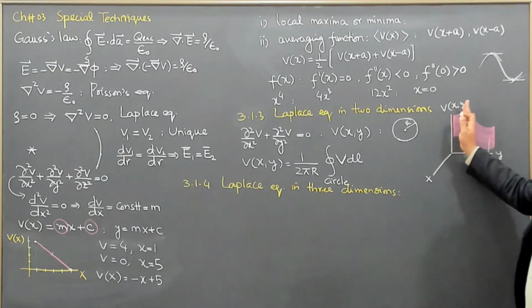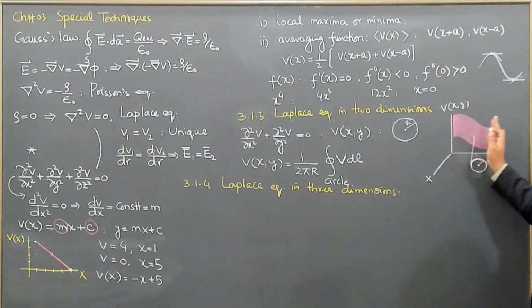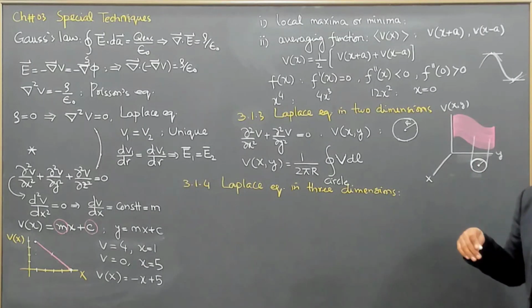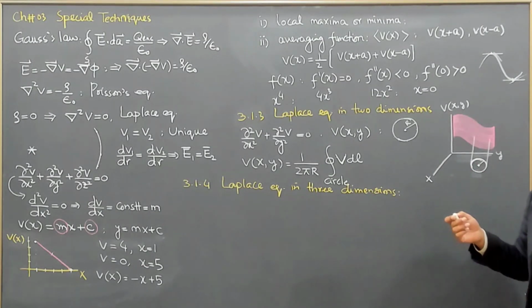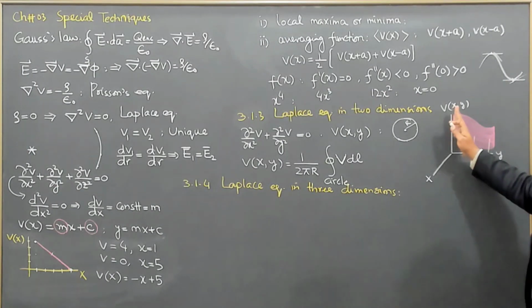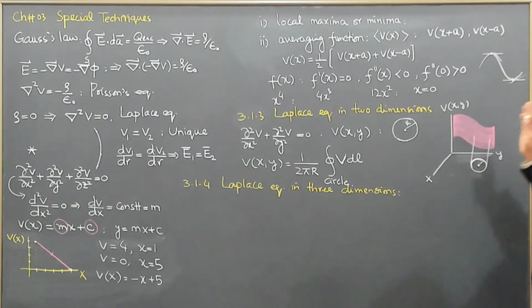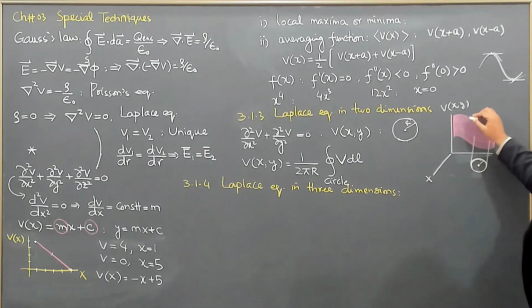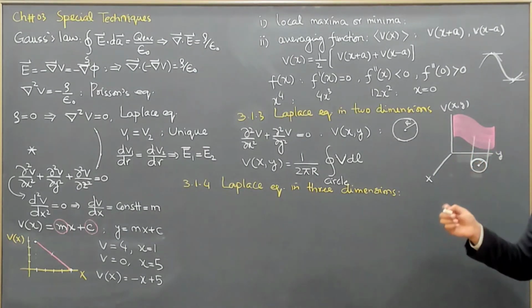Thus, if we put a ball here, then it will roll down. But this doesn't mean it is going to a local maximum or local minimum. Local minimum means there would be a dip, a pocket somewhere where the ball will go and stop.